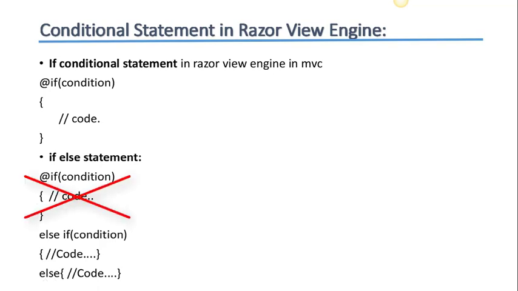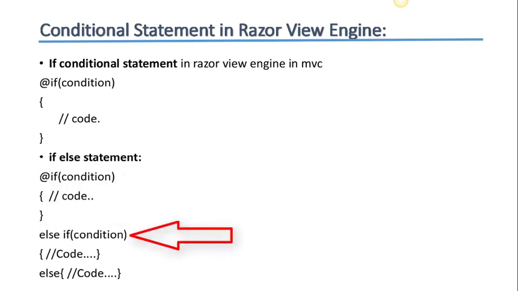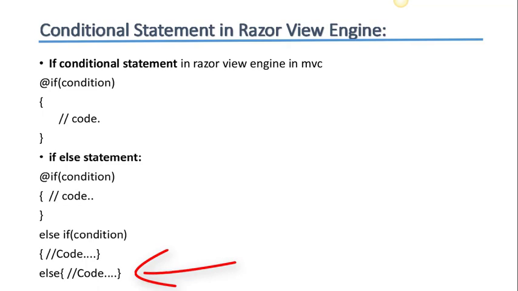If the if statement is not valid, then it will check the else if condition, and if the else if condition is true, then it will execute the else if block. And if the if condition is false and the else if condition is also false, then control goes to the else condition and it will execute the else block.